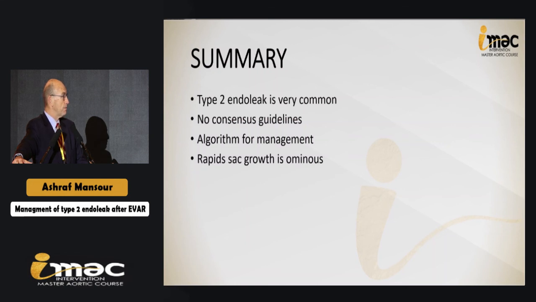There are many people in Europe who think that type 2 endoleak is mainly a benign phenomenon and nothing should be done unless your hand is forced. I think all of us should develop an algorithm for management, and a sac that is growing rapidly is an ominous sign, and these patients should be investigated very thoroughly.